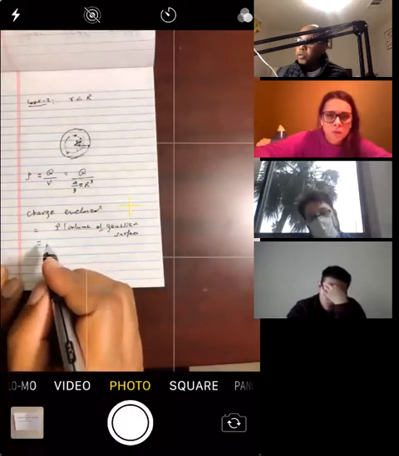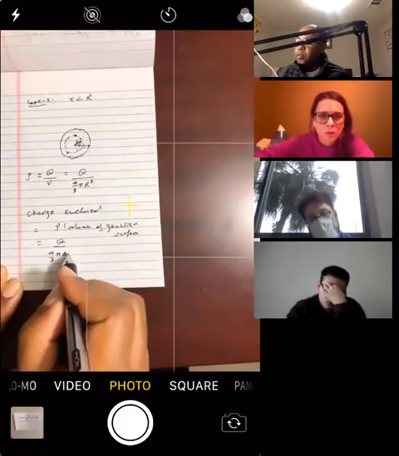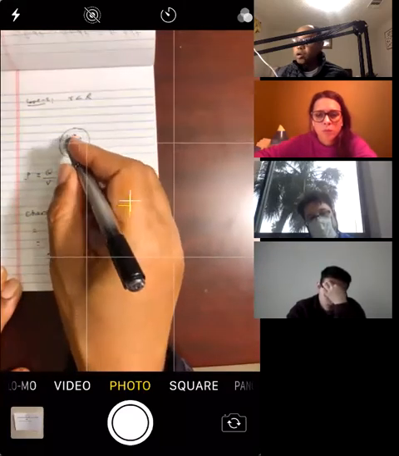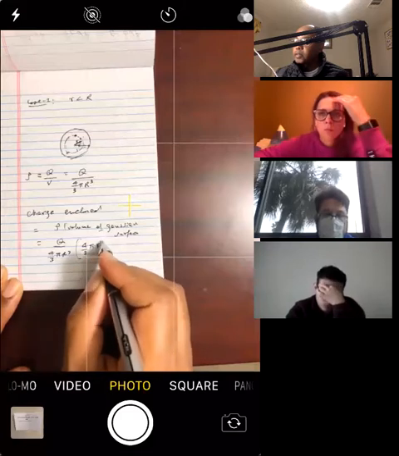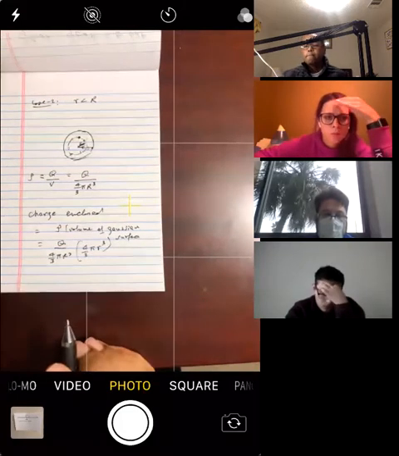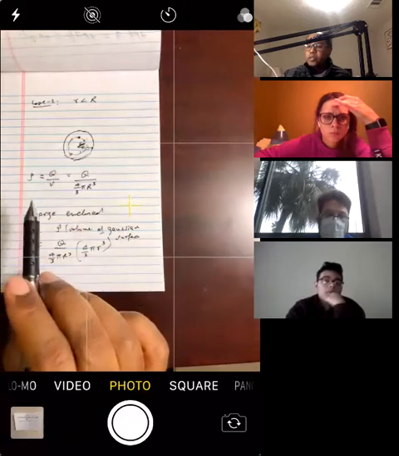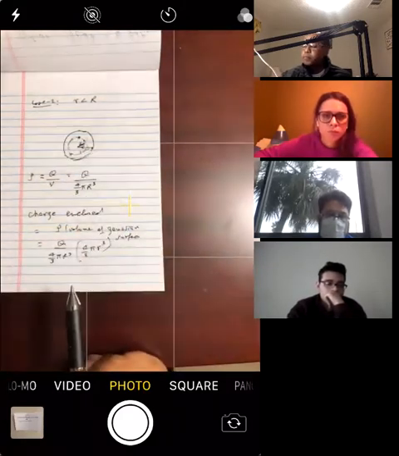So the density we have already done: it is Q over 4/3 pi R cubed. But the volume of this Gaussian surface is 4/3 pi r cubed. Do you see that? So the charge enclosed now is this one. You take the density, but now use the volume of this Gaussian surface.